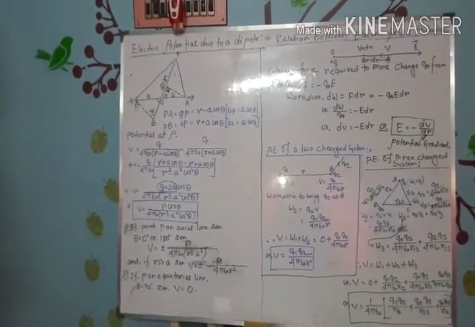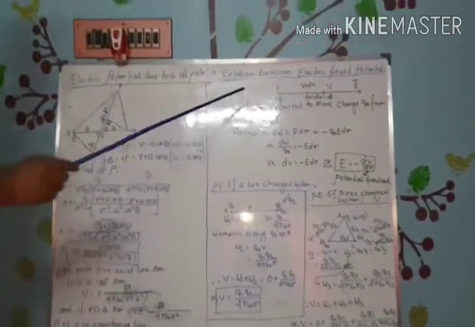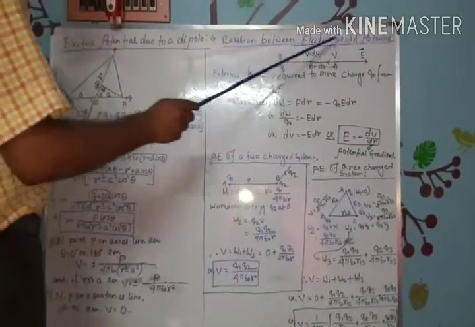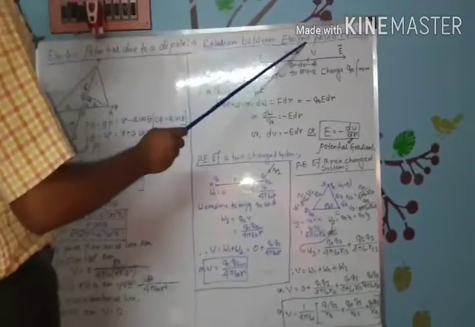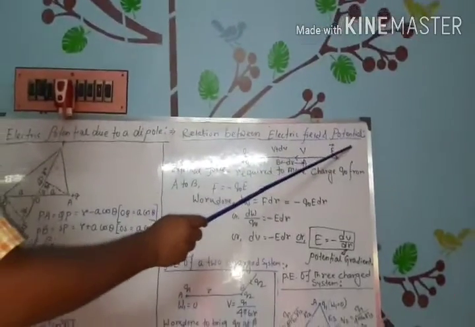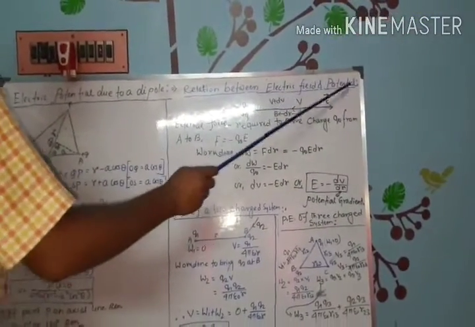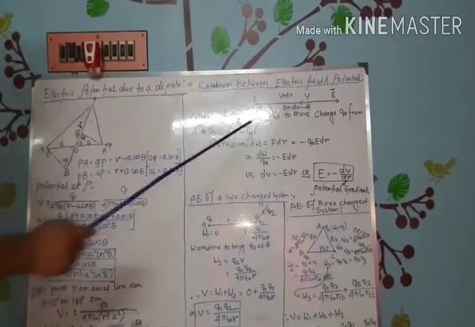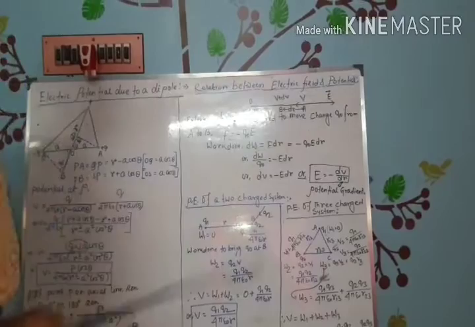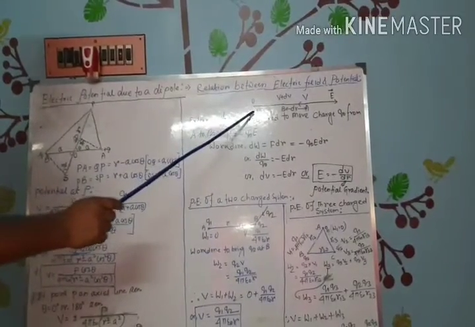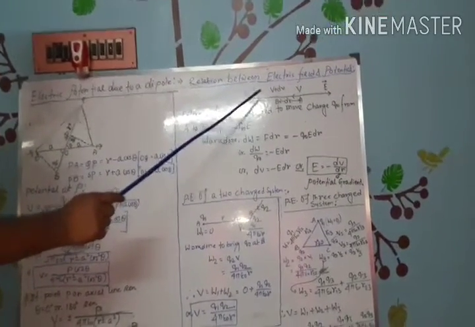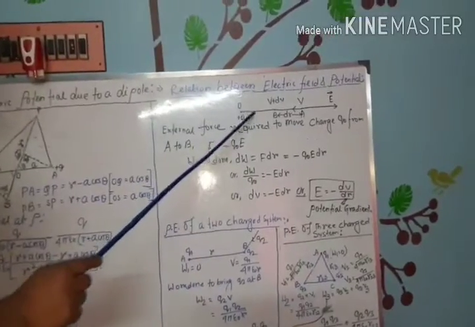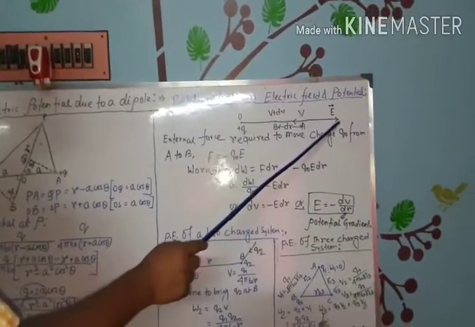After that, we determine the relationship between electric field and potential. This is also very important for your exam purpose. So how can you determine the relation? To determine the relation between electric field and potential, we consider a charge plus q located at O. As it is a plus charge, the electric field is outward directed.